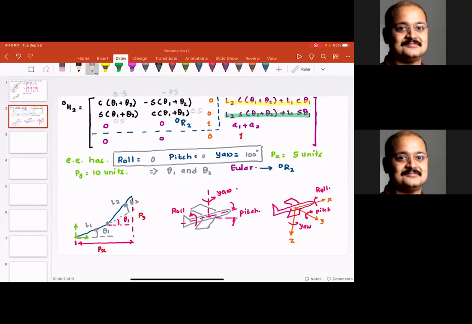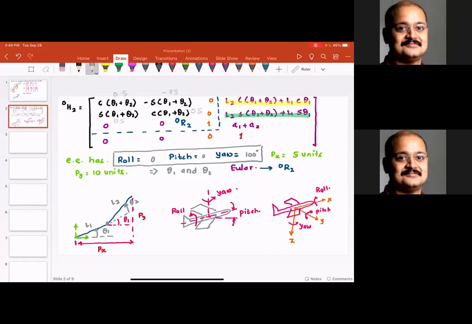But please understand, even if you do that, it will give you the value of the sum of angles, theta 1 and theta 2. It will not give you the individual values of theta 1 and theta 2. Everyone understood this?